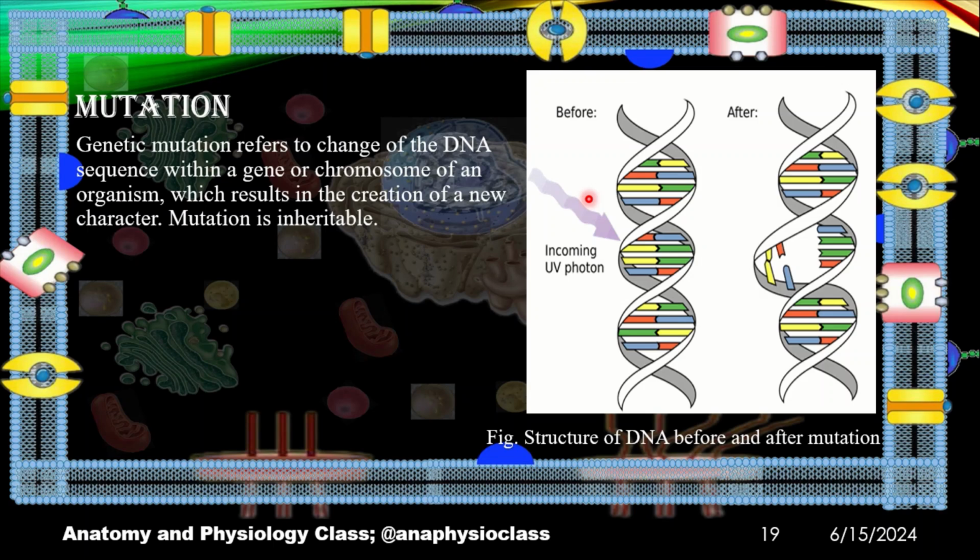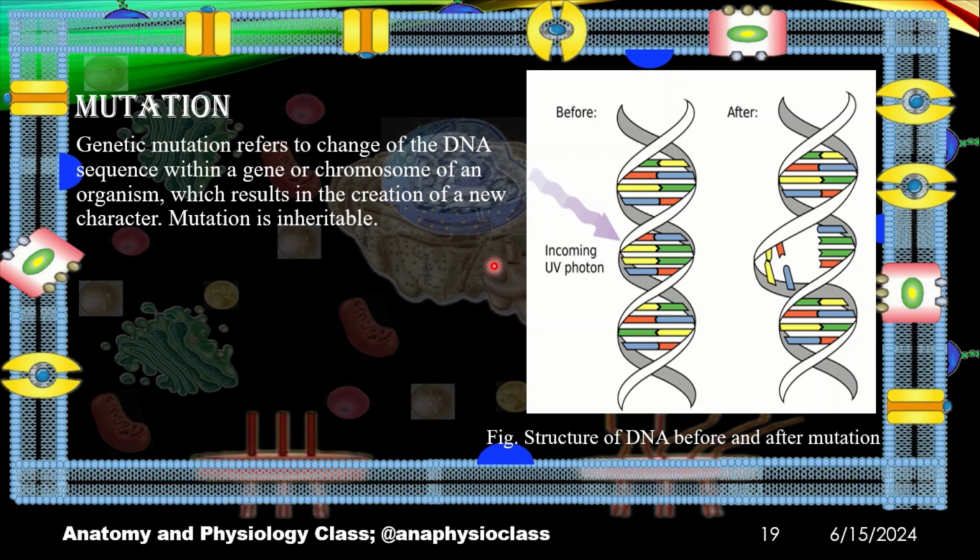It will be altered or destroyed, or some segments of DNA will become loose, or some codes of DNA will become lost. That is what is known as genetic mutation. Genetic mutation refers to the change in DNA sequence within a gene or chromosome of an organism, which results in the creation of a new character.